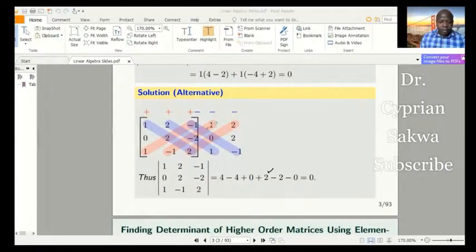And then this will be positive 2, subtract it, and this will be 0, subtract it. So when I do this, I get 0 as the determinant of this matrix. And so that is how we find the determinant of matrices of higher order.